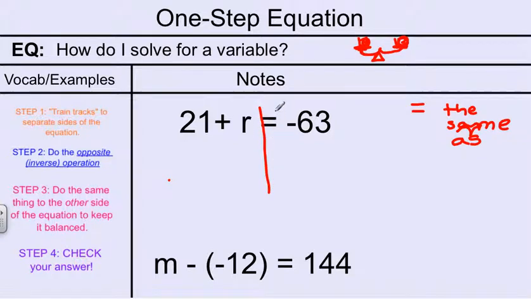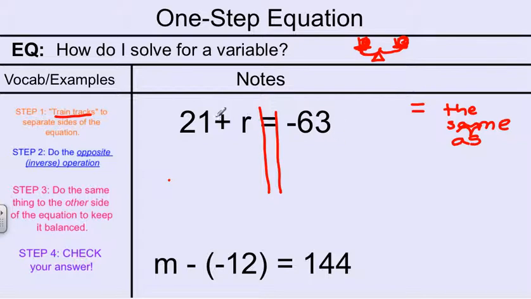So let's think about that here. I'm going to separate this through the equal sign here. I'm going to draw what we call the train tracks, or really it's just the point where the fulcrum would be, where that balance point would be for the two expressions. I want this side, 21 plus r, to be the same as this side, negative 63.